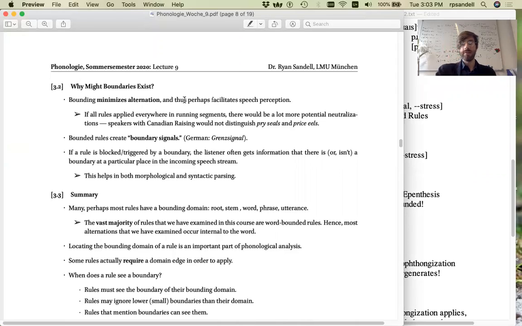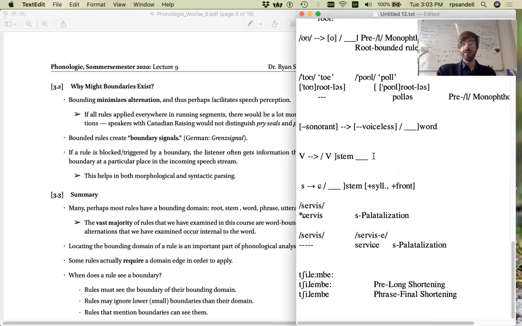They give information about where the boundaries are between words or between syntactic phrases. And so if a rule happens to be blocked or triggered by a boundary, so we mentioned cases in Japanese of hiatus vowel deletion, or in Polish, palatalization that needed to see the edge of a stem.